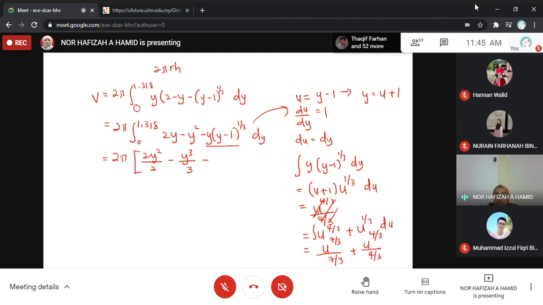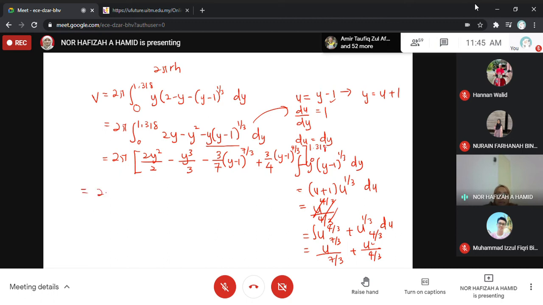Then substitute u back with y minus 1 and combine here. So you will get minus 3 over 7 times (y minus 1) to the power 7 over 3, plus 3 over 4 times (y minus 1) to the power 4 over 3. Then insert the limits 0 until 1.318.